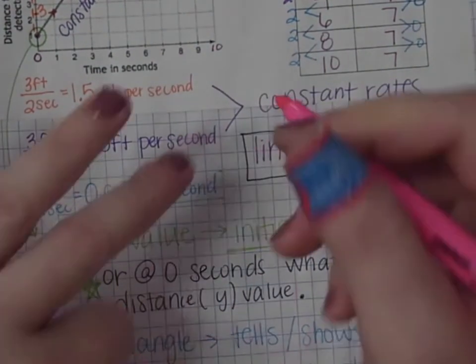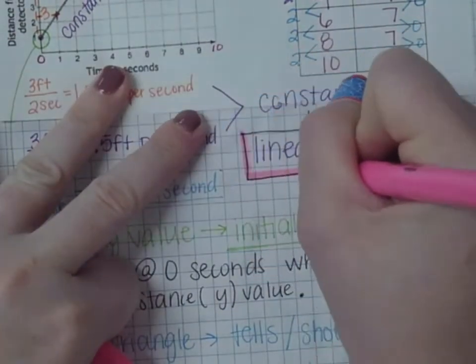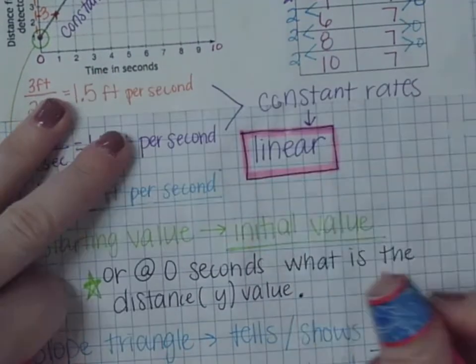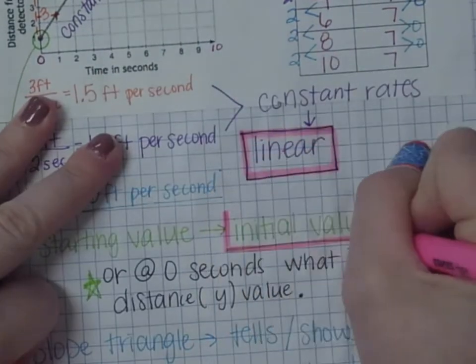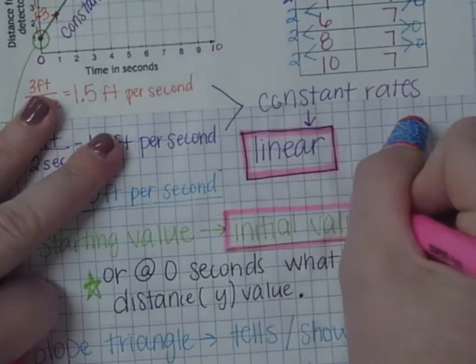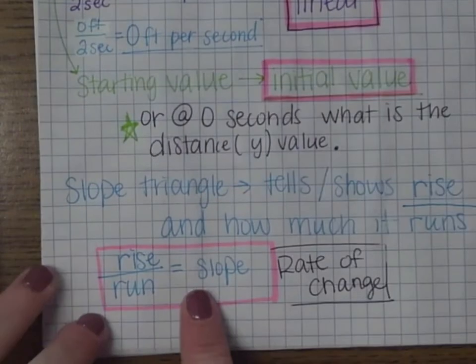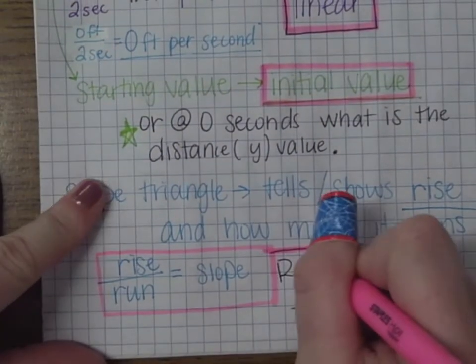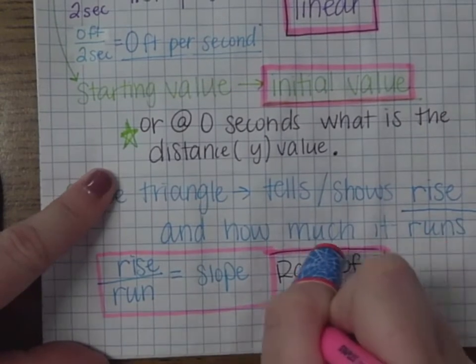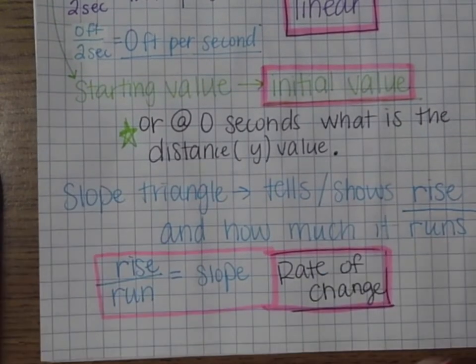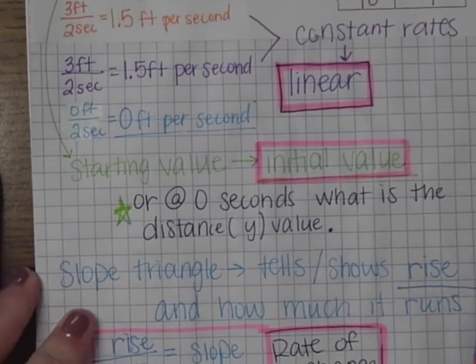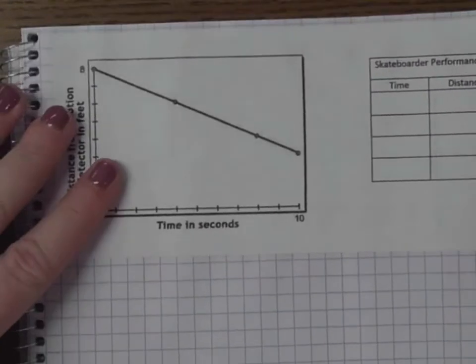So if you would like to highlight all of your vocabulary words so that you know what to look for, you can highlight linear, initial value, and slope and rate of change. Those are all vocabulary words that I just covered. Okay? All right, let's do this one now.